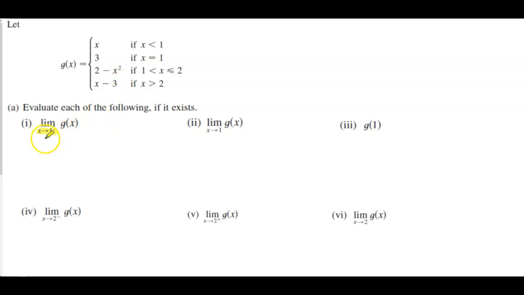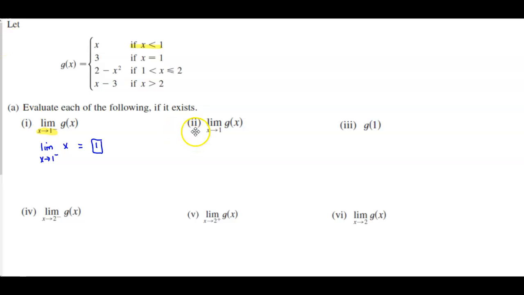If we're looking for x approaching 1 from the left, that applies when x is less than 1, and then we need to use the function that says g of x is equal to x. So we want to find the limit as x approaches 1 from the left of the function x. If we plug 1 into x to evaluate the limit, our answer is going to be 1.